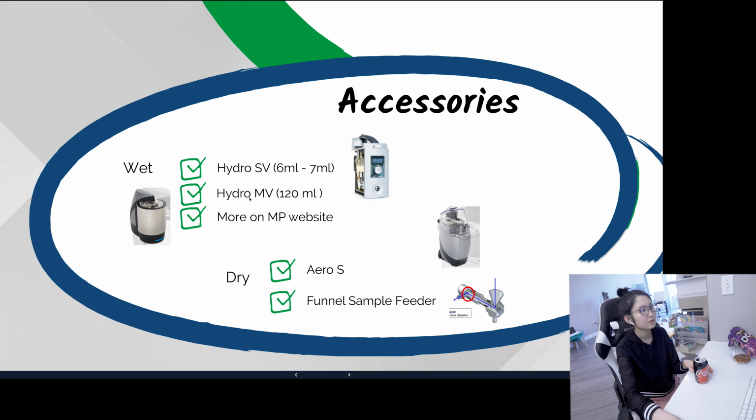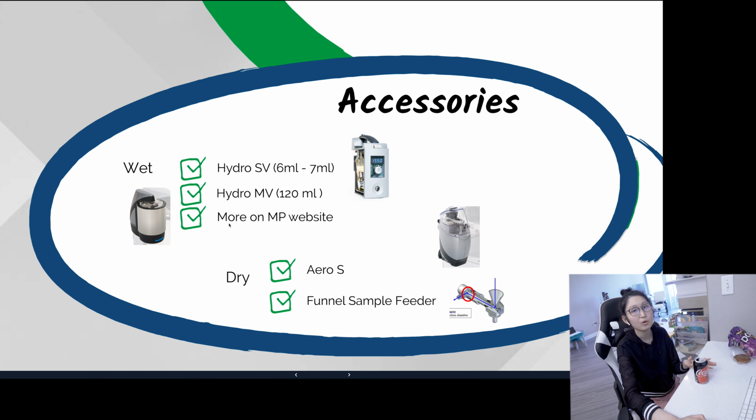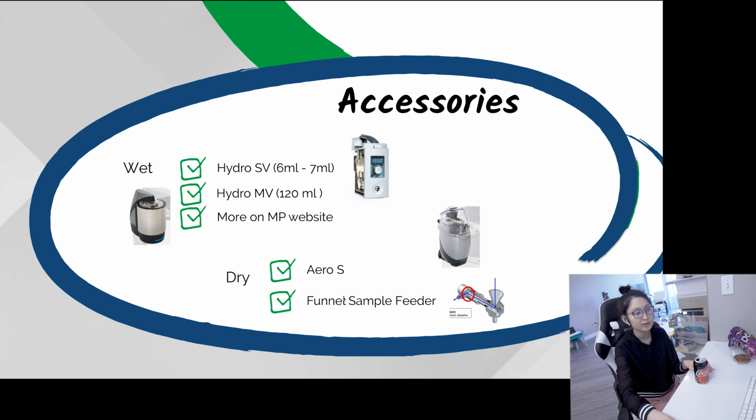And we have a Hydro MV, which measures a bigger volume of samples, and we have a lot more on our website. And then we've got the dry system, Aero S, and we have two kinds of feeders in terms of the energy to break the sample.